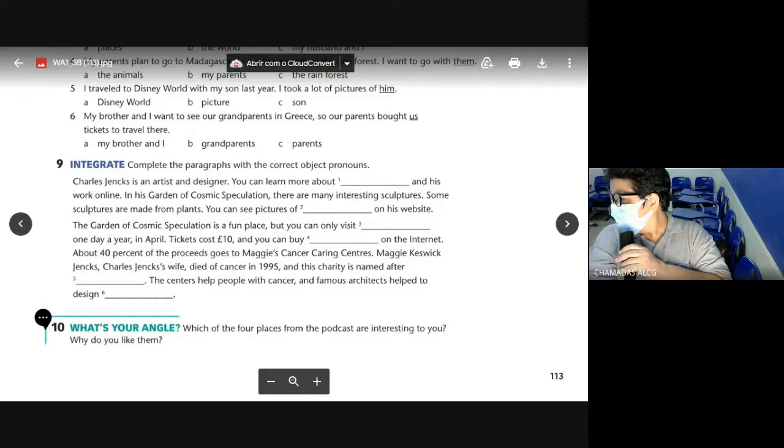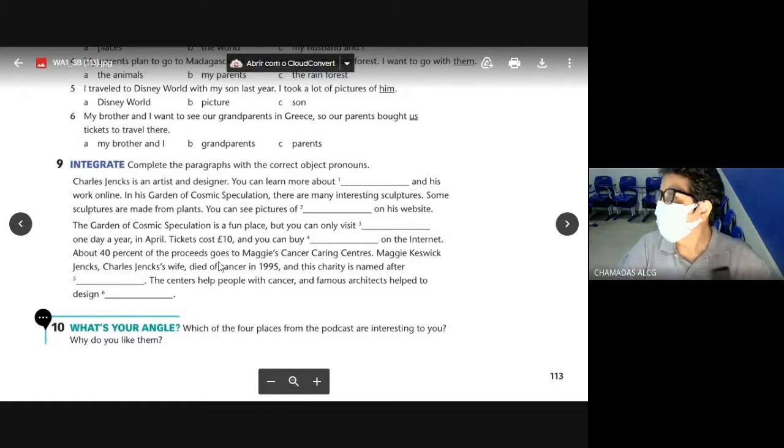So let me just minimize here and try to open it.